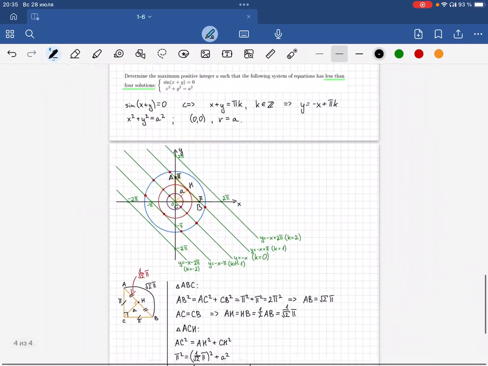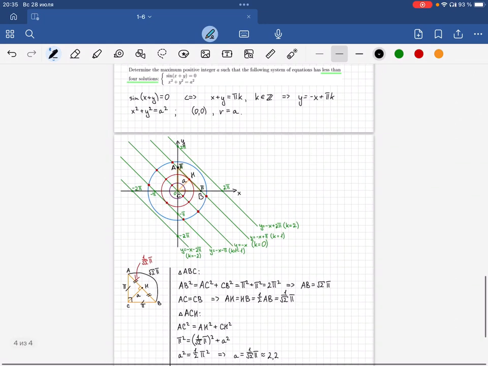So what do we need to find in this problem? We have to determine the maximum positive integer such that the following system of equations has less than 4 solutions. As we said before, this red circle is the first circle, the circle with the smaller radius, with which we have more than or equal to 4 solutions.